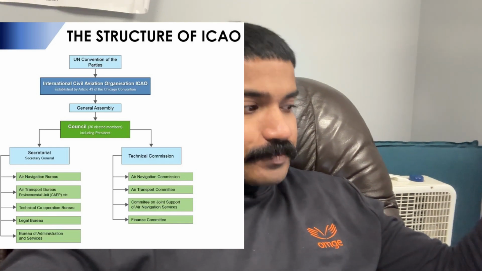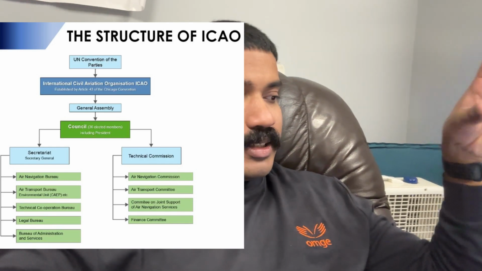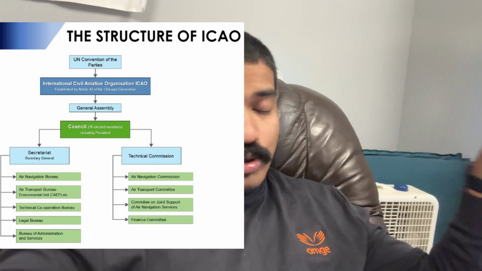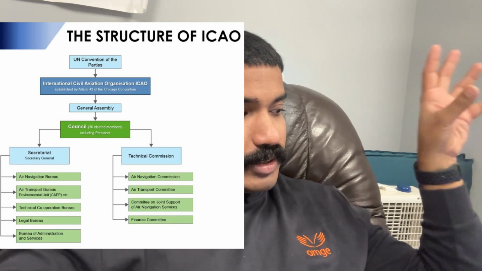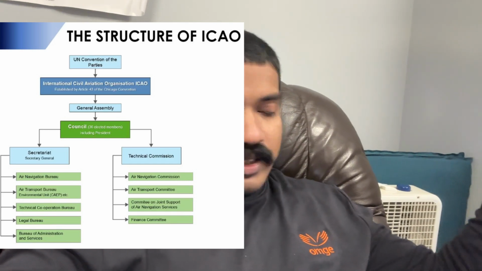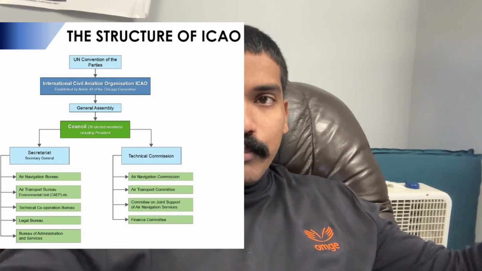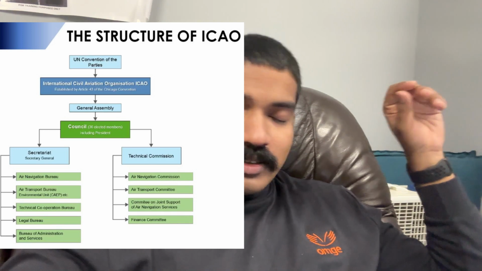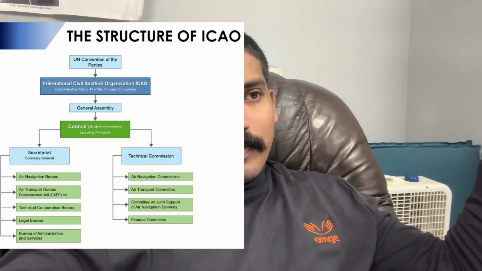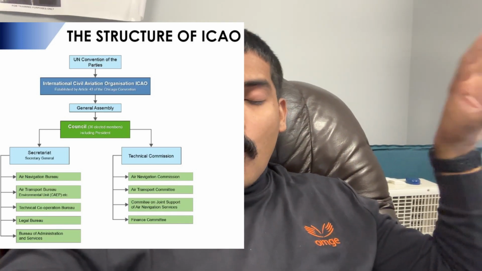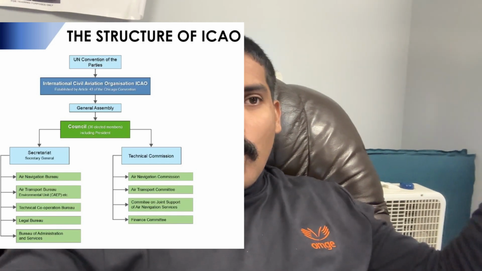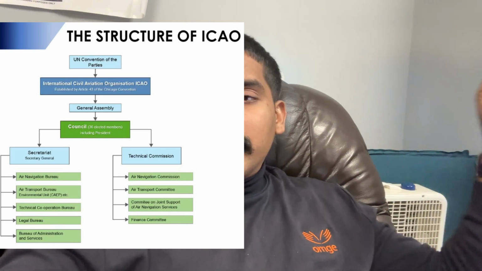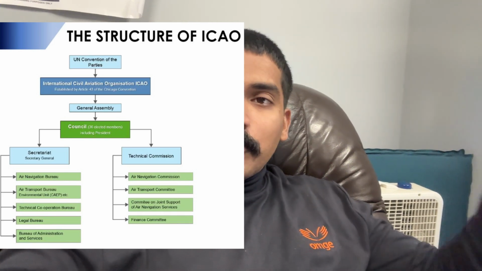Now just below the assembly there is a council, right? And there are 36 contracting states. So out of 193 members, there are 36 countries that are elected by the assembly. Now the president of the council would be either a representative of the country, or maybe a politician from the country, etc. The president of the council is elected by the council itself.